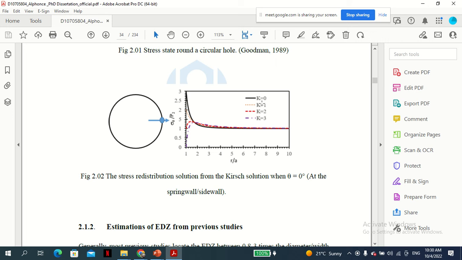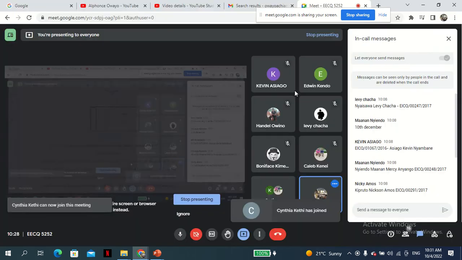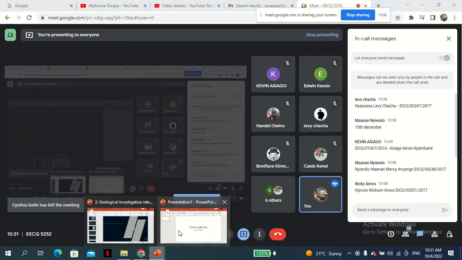So k is 0, 1, 2, 3. So these are the curves. And for the invert, you can see k is 0, 1, 2, 3. So that's the stress redistribution. I needed you to see the curves and the stress redistribution. The formulas are beyond the scope of this class.